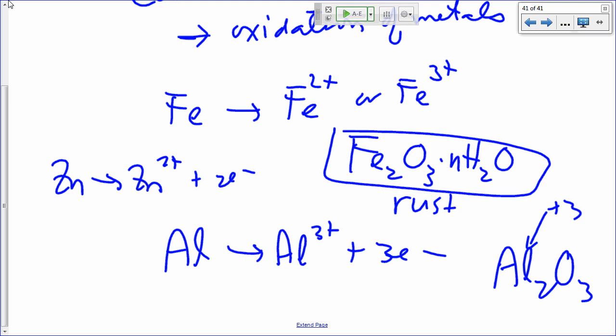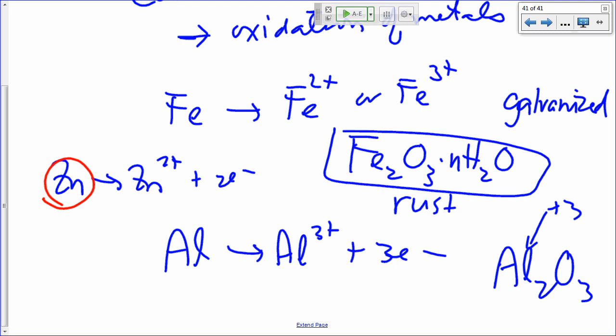If you coat your iron with zinc, you have what's called galvanized iron. Your iron nails are called galvanized iron. They're actually coated with zinc. So we say in these cases that zinc behaves as a sacrificial anode.